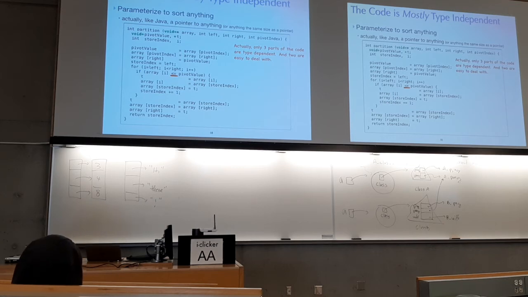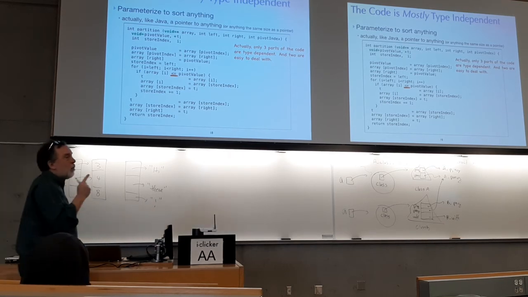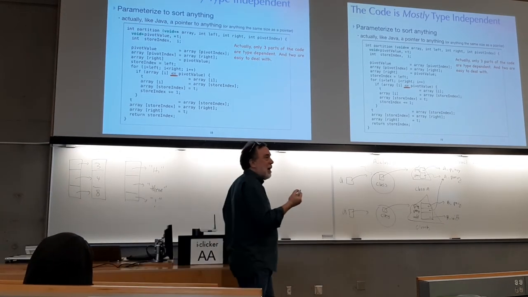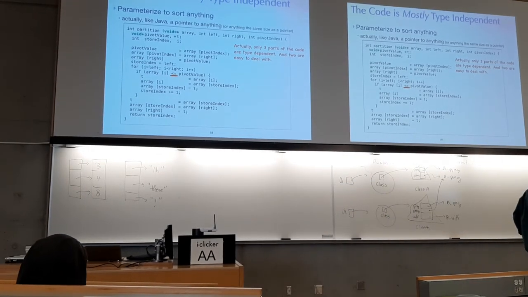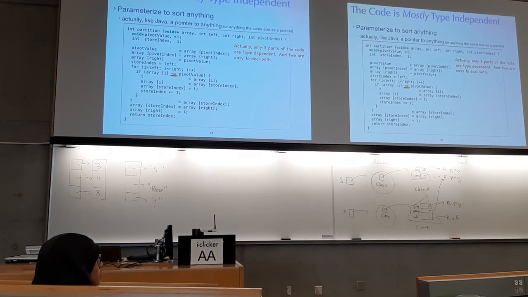And so there's only one place in quicksort that's actually type dependent, if we do it this way. And that's the comparison, the thing that's underlined here. Determining whether something should be ordered before or after something else depends upon the type. To determine that for integers will be one thing. To determine it for strings, it'll be something else.